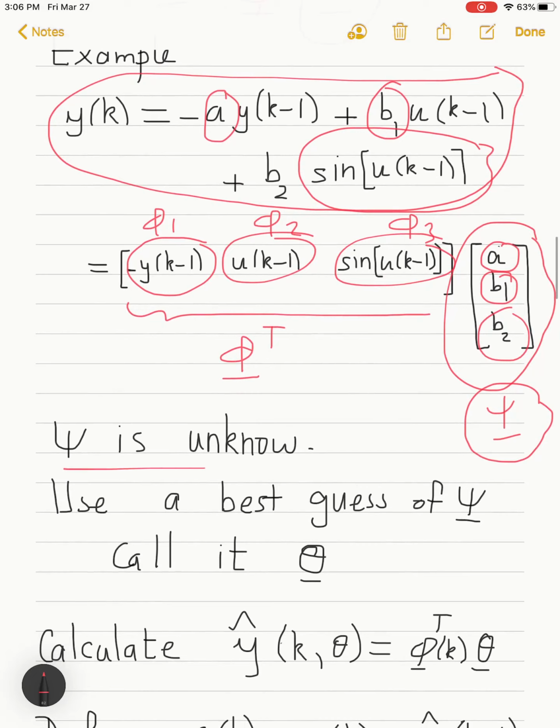So psi is unknown, unfortunately, in most systems. That's why we have to guess the value of psi. So I'm assuming that I have a guess theta, and I'd like to see how to select the best guess theta that would make the error in the model as small as possible.